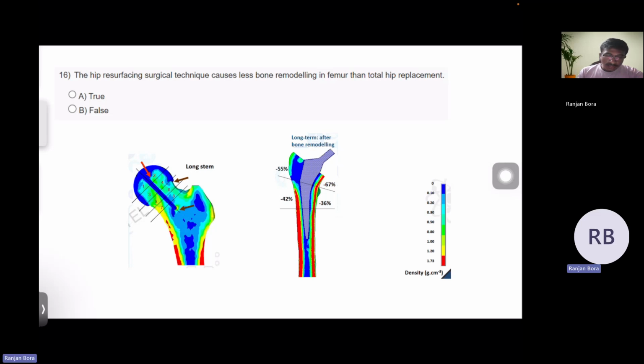This one is the hip resurfacing surgical technique, and this one is the total hip replacement. This study shows that the bone remodeling in the hip resurfacing technique is less compared to the bone remodeling in the total hip replacement. So this statement is true.